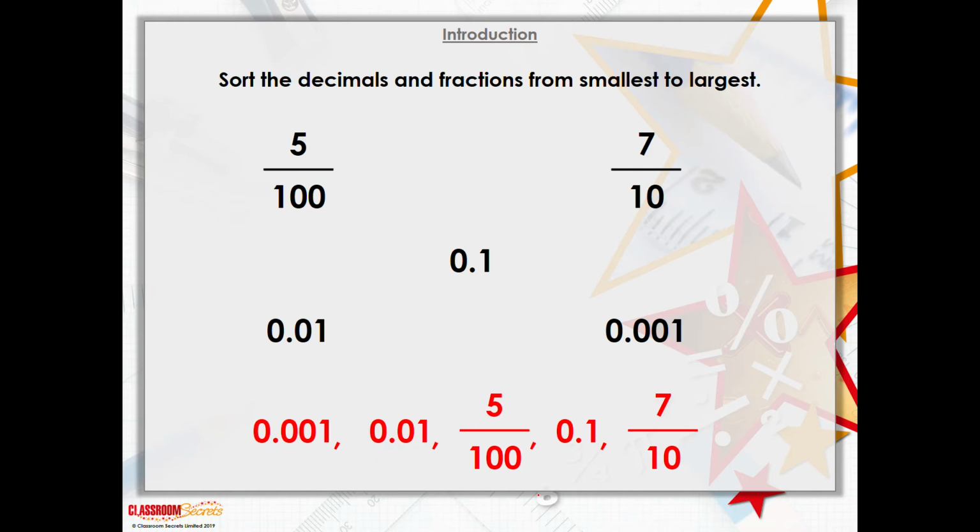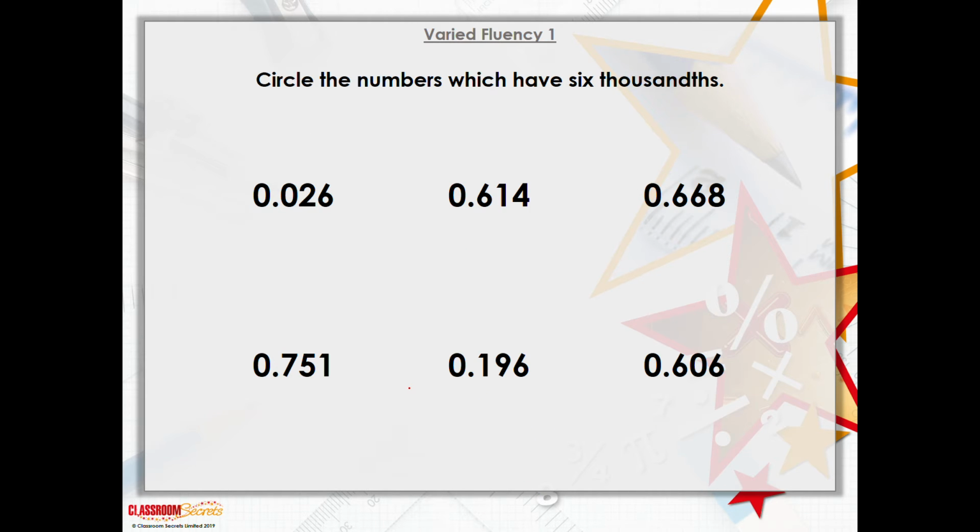Okay, you're going to see some activities that look like this, and it says circle the numbers which have 6/1000ths. So again, think about your place value columns. So we've got our ones, the decimal point, to the right of the decimal point we have our tenths, then we have our hundredths, then we have our thousandths.